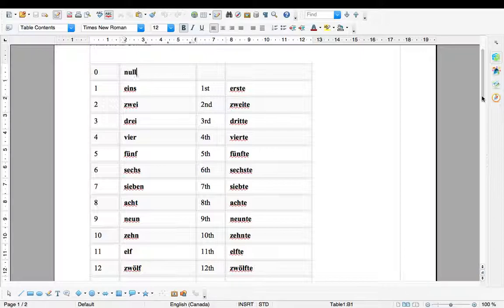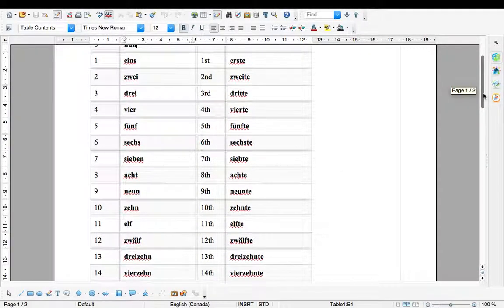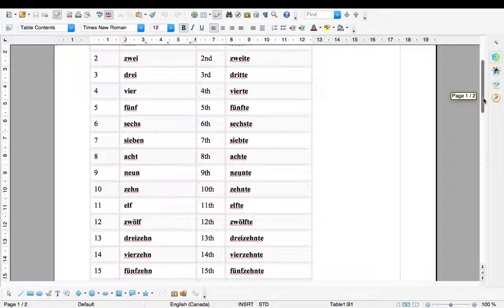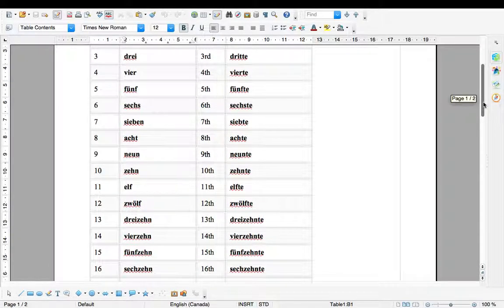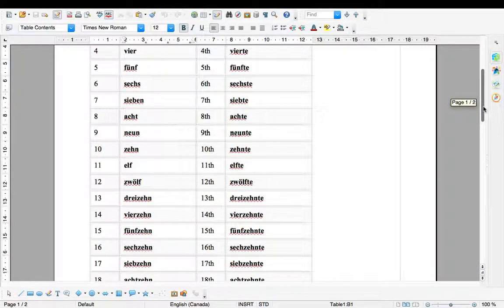So 13 onwards, it becomes really super easy because 13 is a combination of 3 and 10. And so on. So 14, 15, 16, 17.